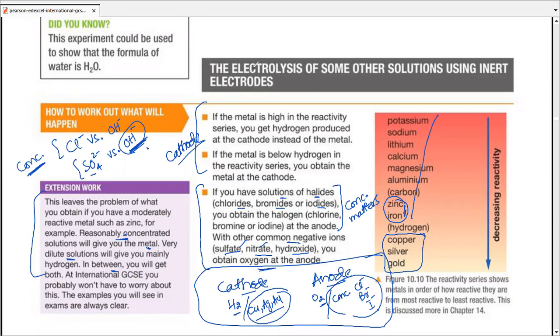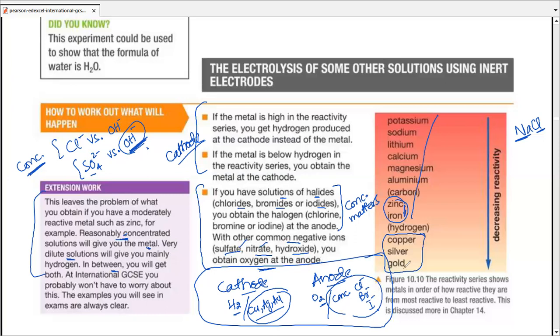So this bottom tip actually solves all the solutions for you. The tip for molten was pretty easy. The element on the left goes to the cathode, the element on the right goes to the anode. And this step for cathode hydrogen, for anode oxygen, with 3 exceptions for cathode and 3 exceptions for anode, makes the whole electrolysis a lot easier.